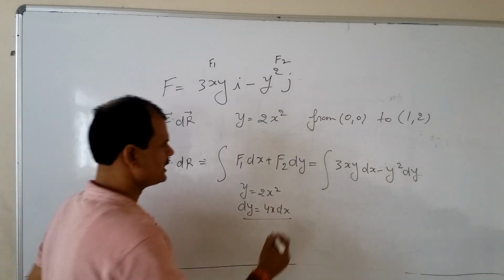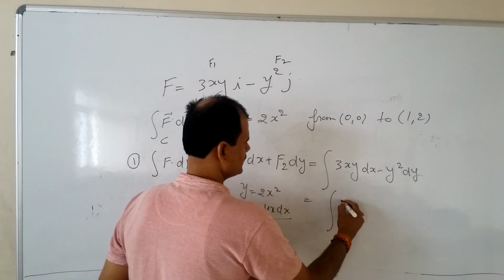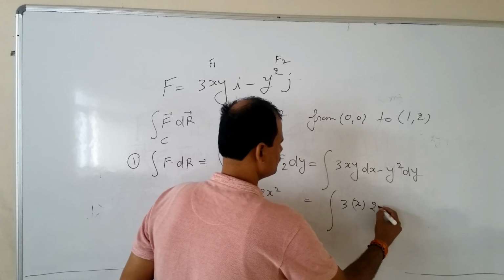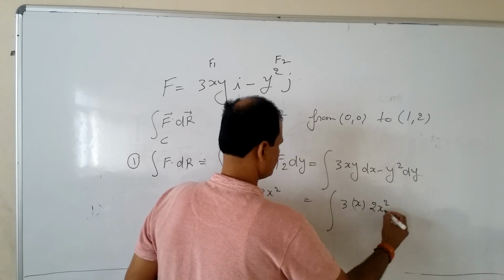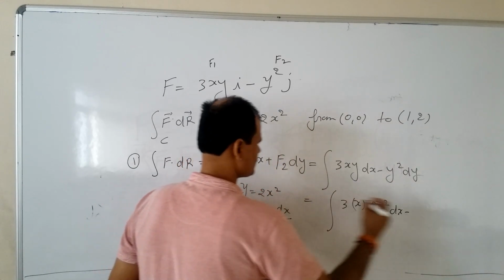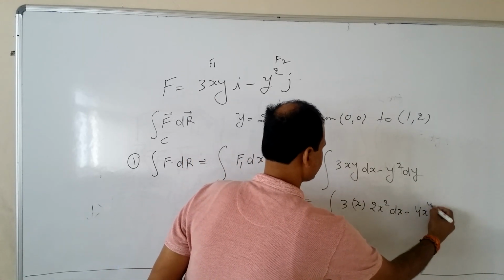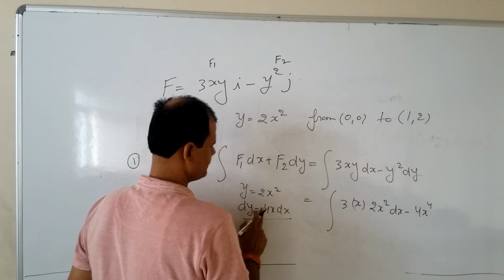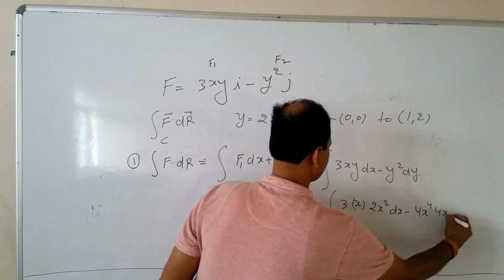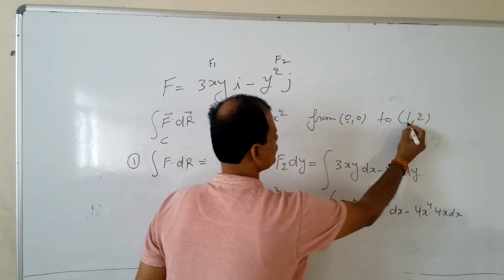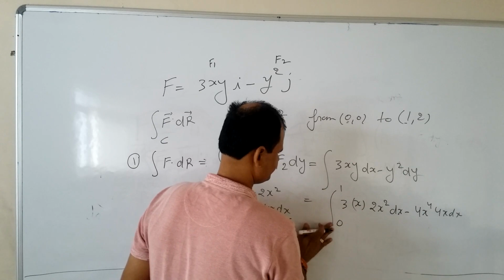So everything changes in x. So this will be 3x times 2x square dx minus y square, meaning 4x power 4, and in the place of dy we have 4x dx, and the x limit is from 0 to 1.